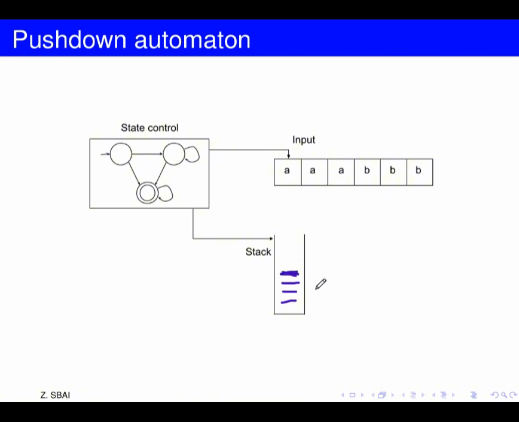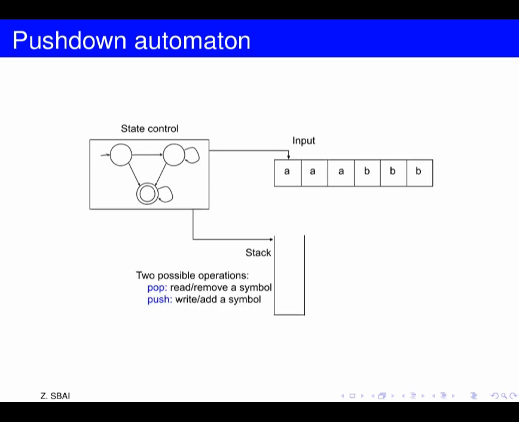If we want to access an element below, we need to take off the first one that appears on the top, then remove this one, and now we will have access to the needed element. So here is simply the idea of a stack.